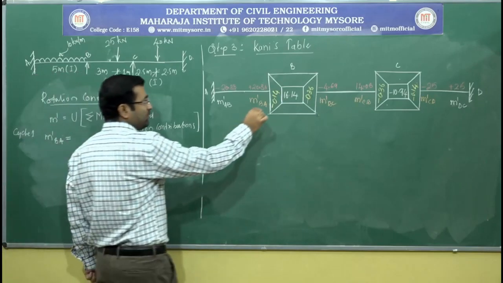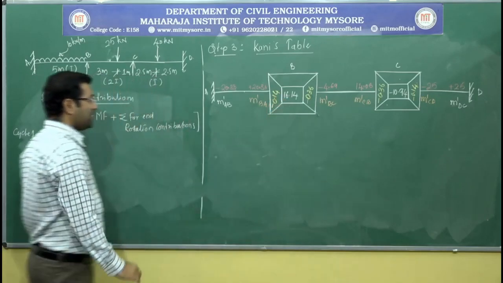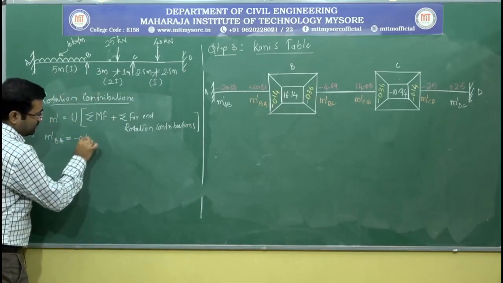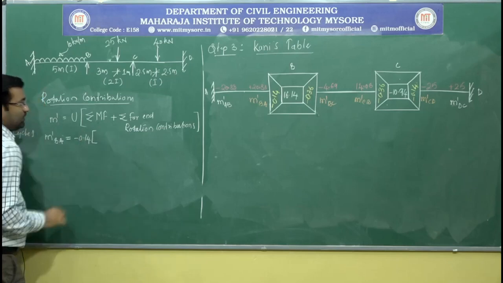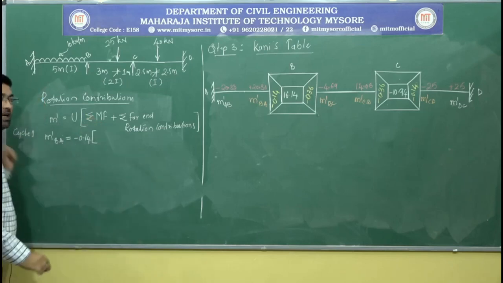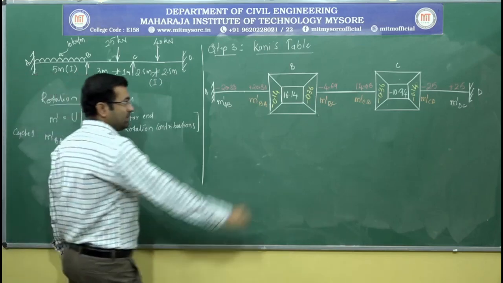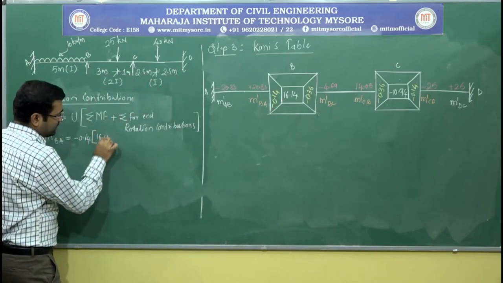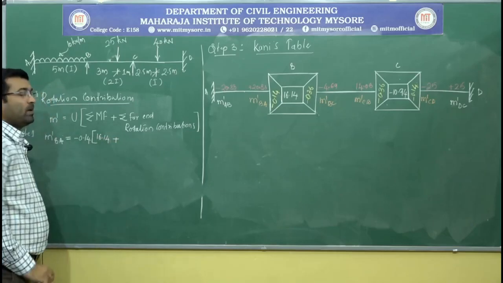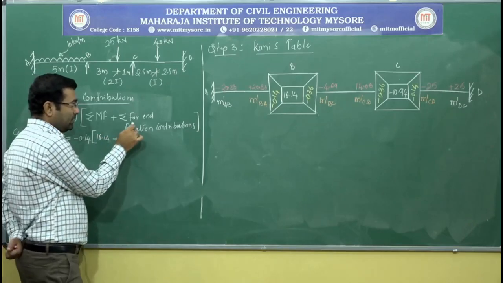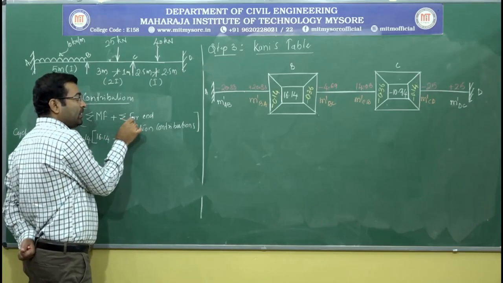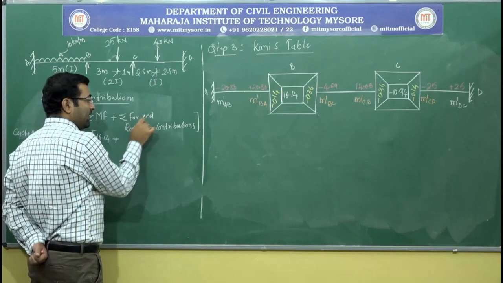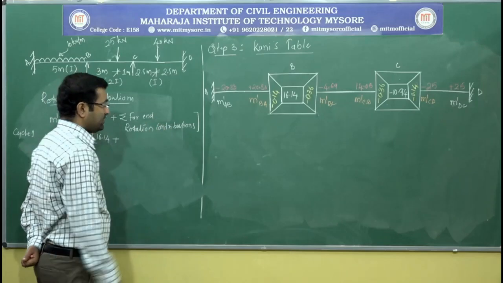The rotation factor for member BA is minus 0.14 into the algebraic sum of fixed end moments, that is 16.14 plus, this is very important here, algebraic sum of far end rotation contributions.